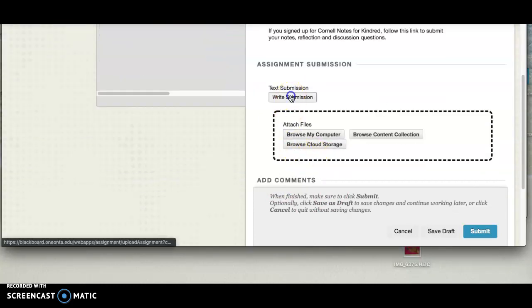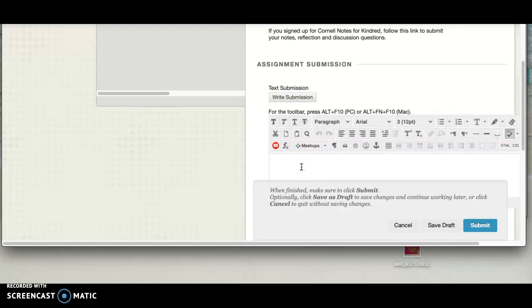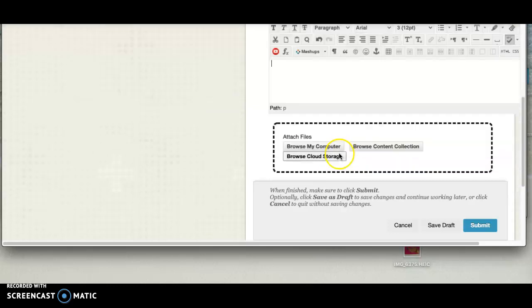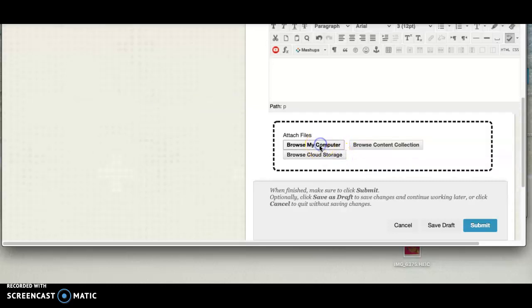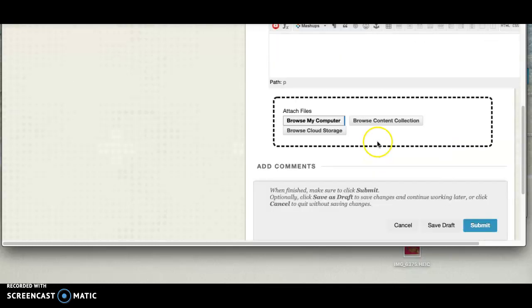And then you can either write the submission, meaning you can copy and paste onto here the actual text that you've written on the Word document, or you can upload by browsing your computer. And just upload the files, including, you do have to absolutely upload the Cornell Notes file.